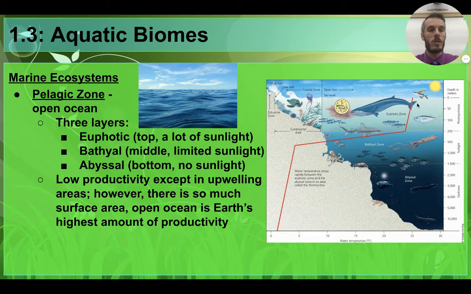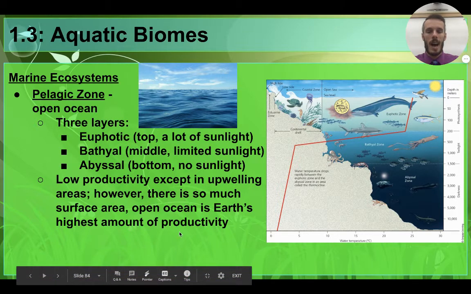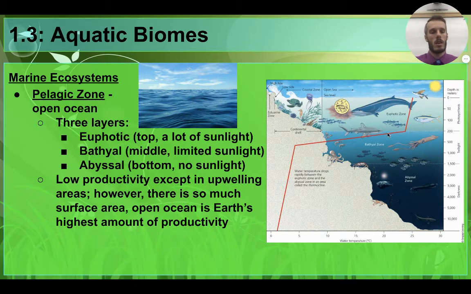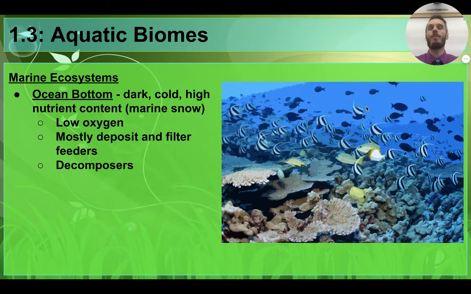However, since this is so vast, since the ocean is so vast, that still comes out to be a lot of productivity that happens in the open ocean. Okay, so it's the highest amount of productivity. It's just that per unit area is pretty low. It's just that there's so much area that leads to a very large amount of productivity total.